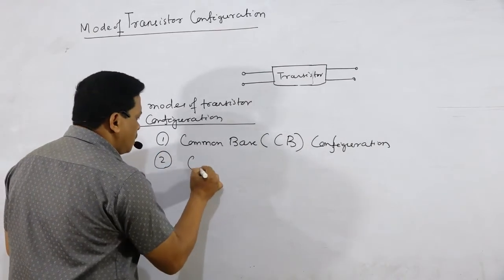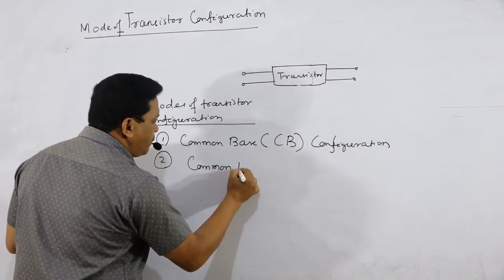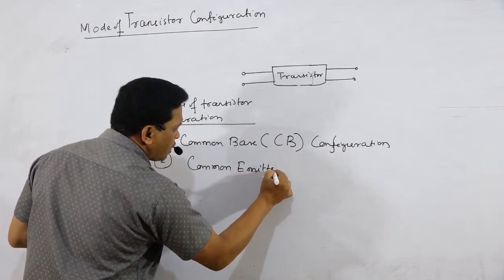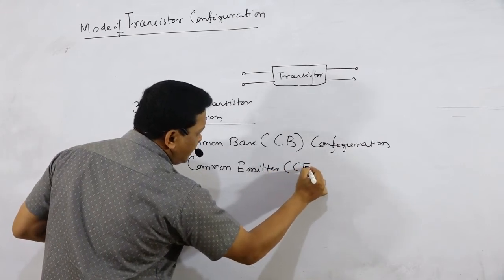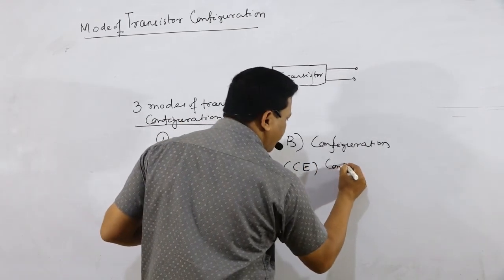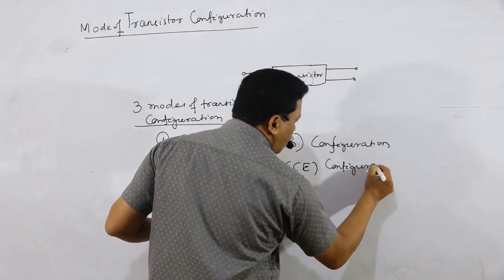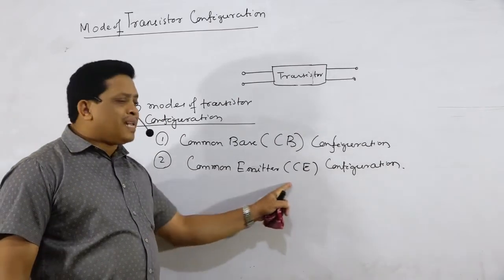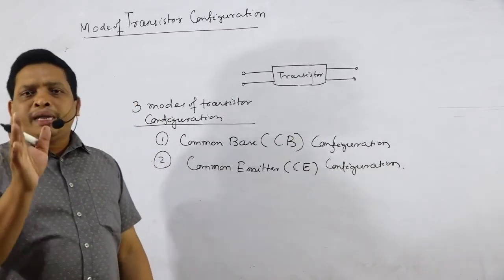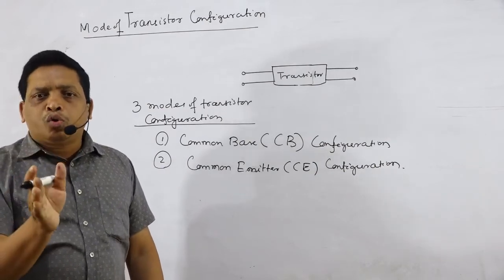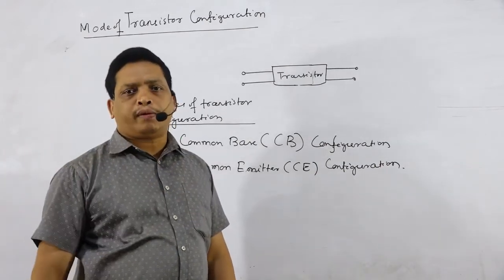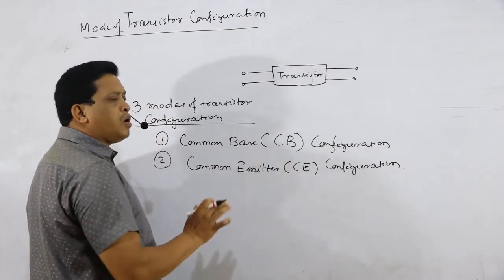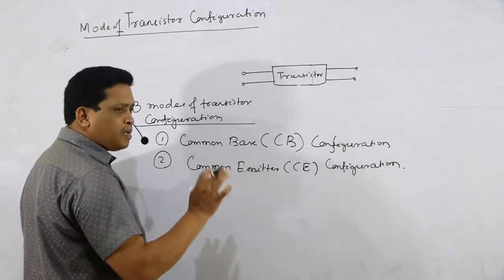Next is common emitter, or CE configuration. In this type of transistor configuration, the emitter terminal is common to both input and output. Therefore its name is the common emitter transistor configuration, or simply CE configuration.